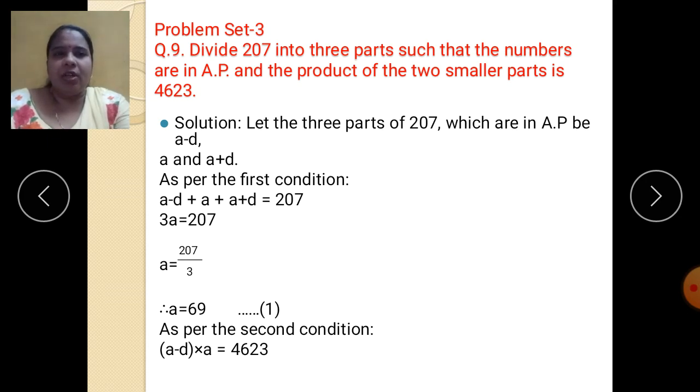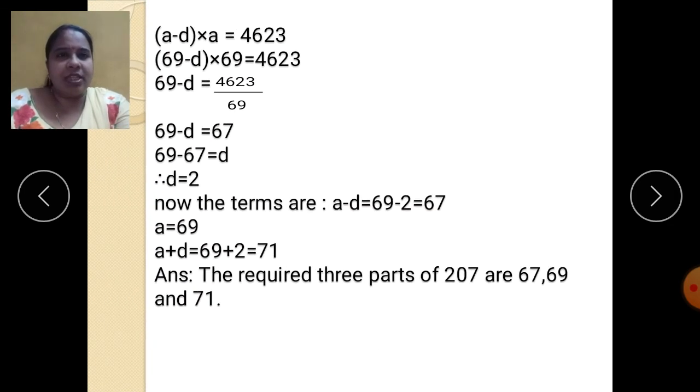Second condition we want: the product of the 2 smaller parts is 4623. Again I told you that sequence is important. In this, which should be the smaller parts? A and A plus D, or A minus D and A? Obviously A minus D and A are the smaller parts. So their product is given as 4623. Further, substitute the value of A as 69.